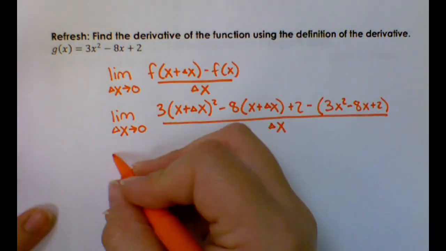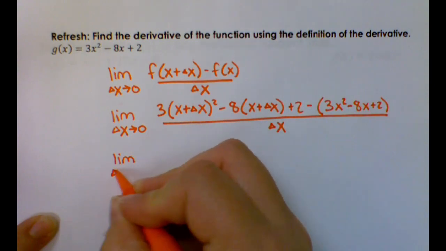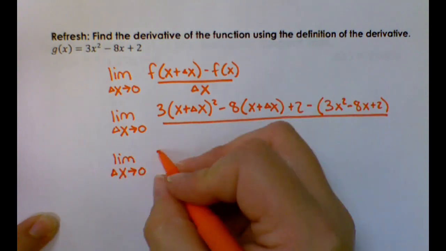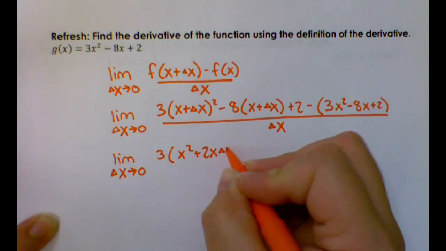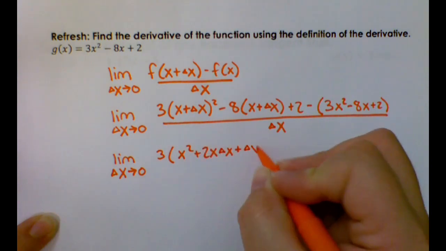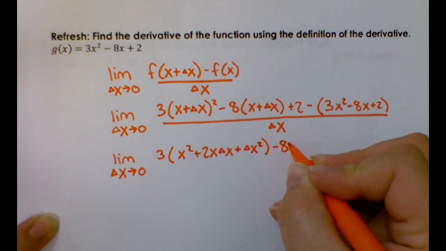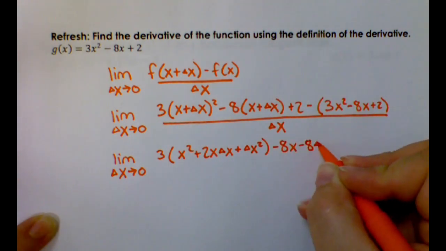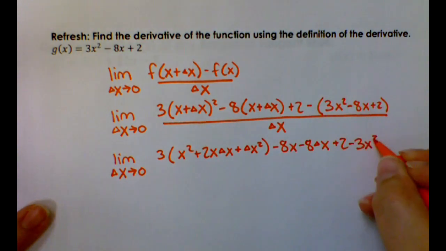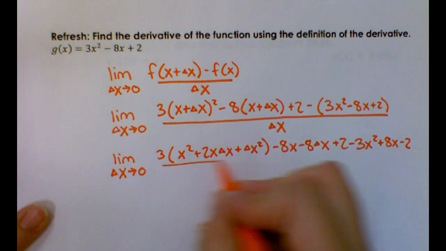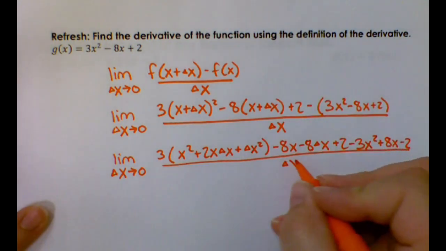Now we multiply all this stuff out. The limit as delta x approaches 0 of 3 times (x squared plus 2x delta x plus delta x squared) minus 8x minus 8 delta x plus 2 minus 3x squared plus 8x minus 2 all over delta x.